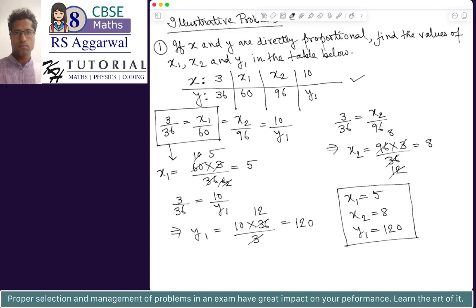For this problem, the unknown values of x were x1 and x2, and the unknown value of y to be found was y1. So using the concept of x1 by y1 is equal to x2 by y2, you can very easily find the unknown values.